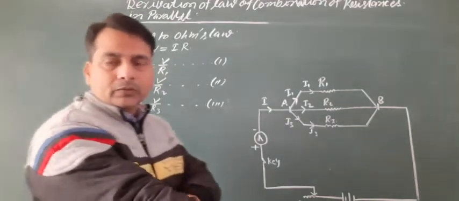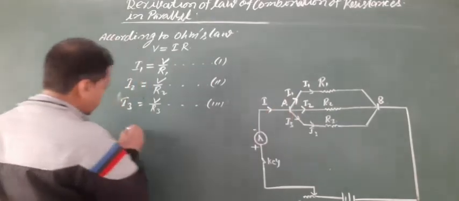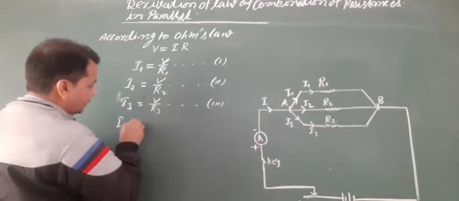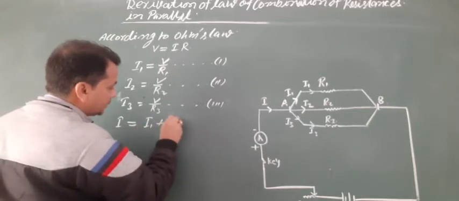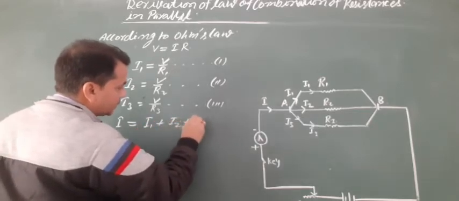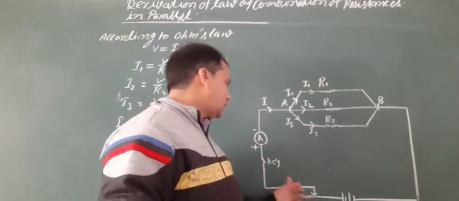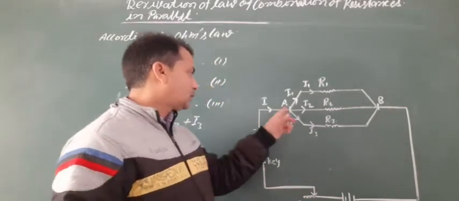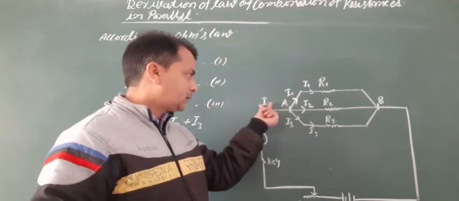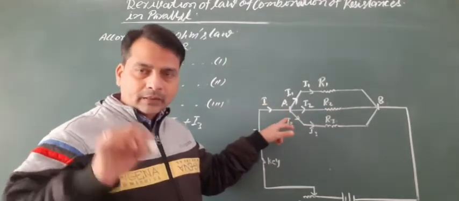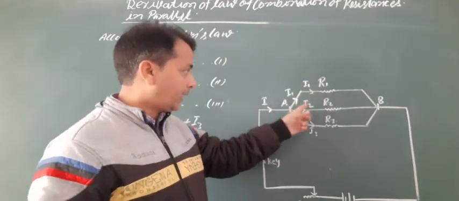So the net current I equal to I1 plus I2 plus I3. In this circuit, the net current I flowing to the point A is the same as the net current distributed among the three resistors, I1, I2 and I3.